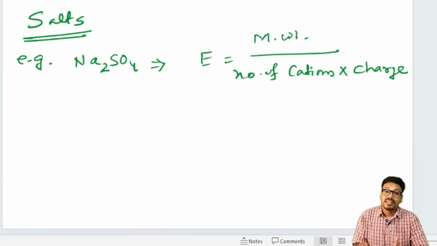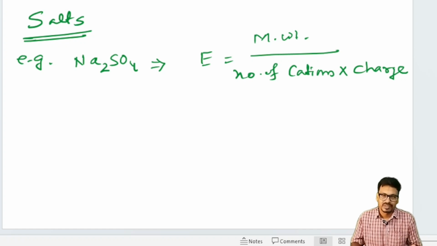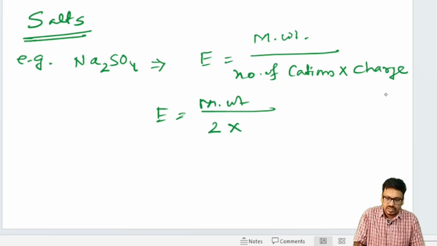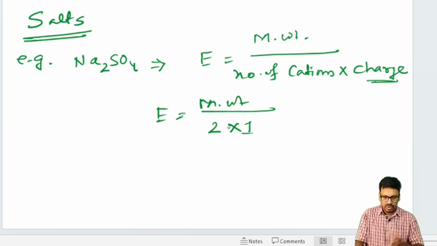That means it is also the number of electrons transferred. So for Na2SO4, the molecular weight is divided by the number of cations, here 2, and the charge of the cation. This is sodium, the valency of sodium is 1, so 2 into 1, we can divide by 2.